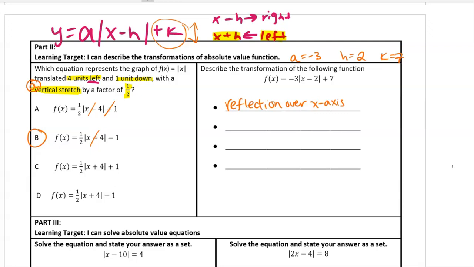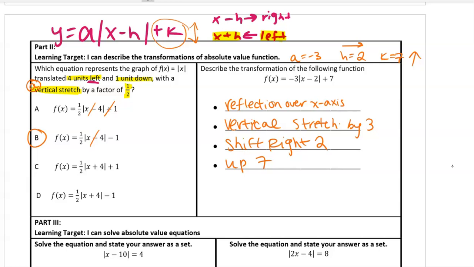So since our A value is greater than 1, we are going to have a vertical stretch by 3. All right, and then we have H being 2. That means we are going to move to the right. Shift right 2. And the last one being +7, we are moving up 7. So those are the 4 transformations that are happening here.